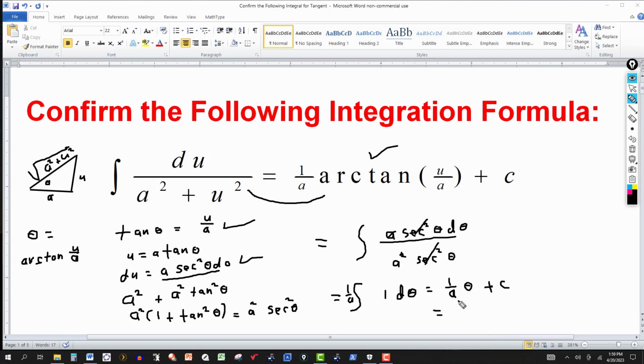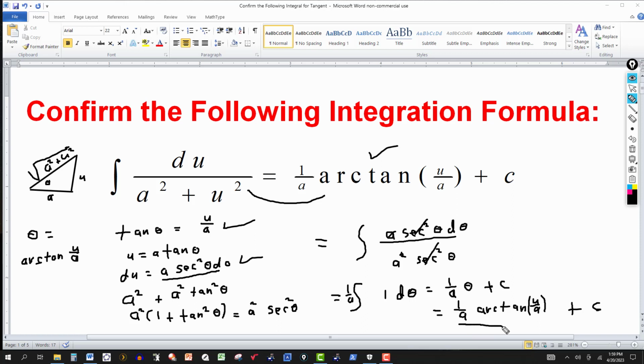So just replace it here. This then is 1 over a, and then the theta is arctan of u over a, plus the constant of integration.